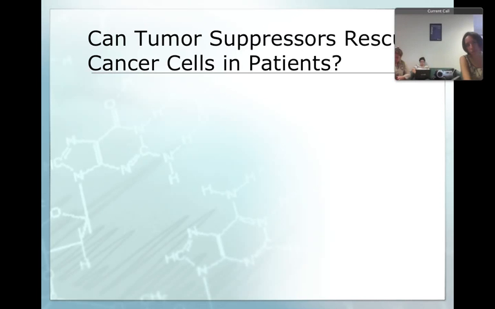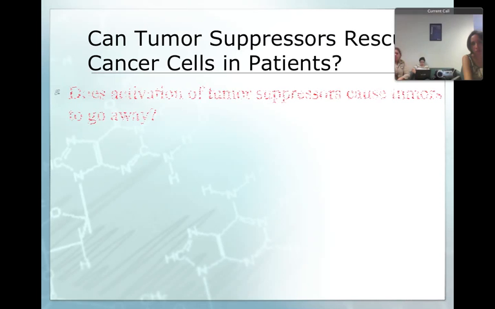And when we looked at the fusion experiments, remember we took a cancer cell with a normal cell and we fused them, and most of the time they act normal. So that would be an indication that if we can get those tumor suppressors in there working, then it's going to help, right?